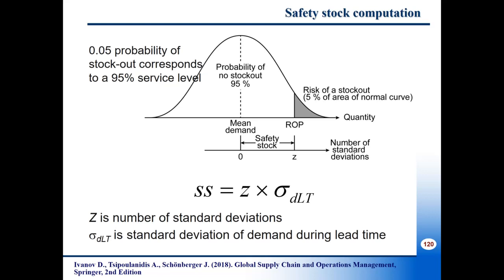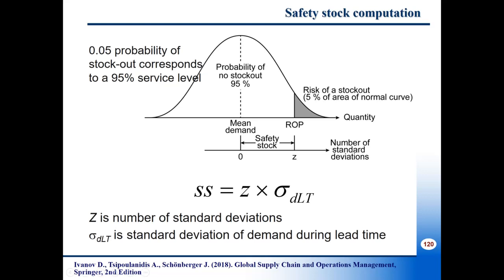It can be observed from the figure that the reorder point is enlarged by the safety stock subject to a 95% service level. In order to calculate this, we have the following equation: safety stock equals Z times the standard deviation. Okay?